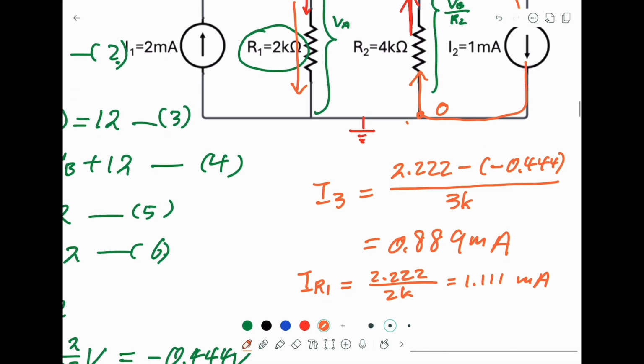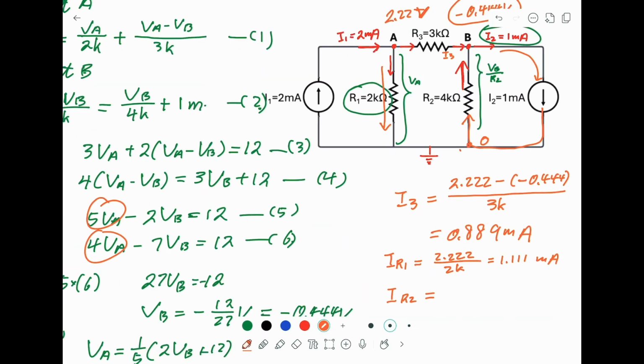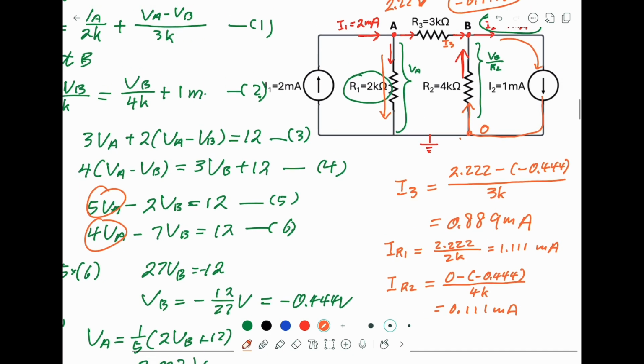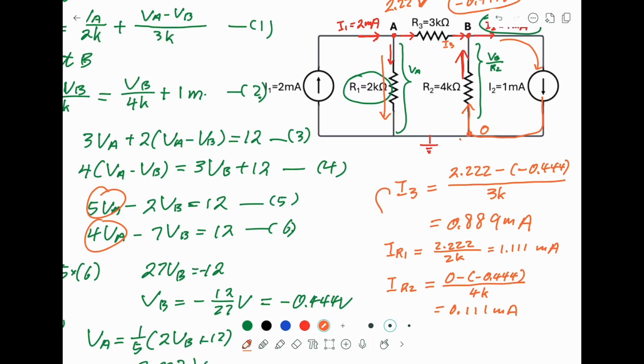So just check the current passing through R2, 0 minus negative 0.444 divided by 4K. So it should equal to 0.111 milliamp. And you can see when you add these two, this equal to 2 mA.